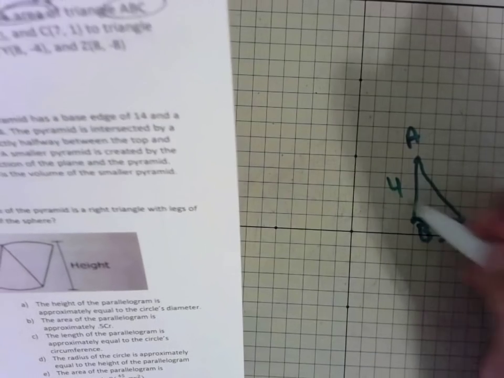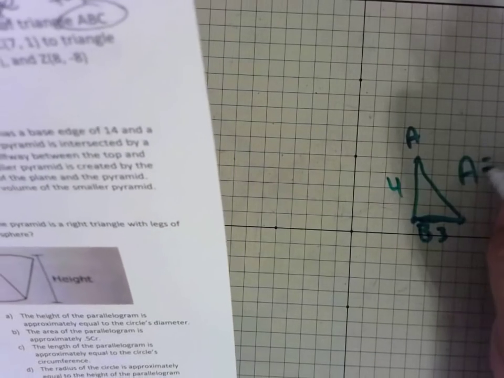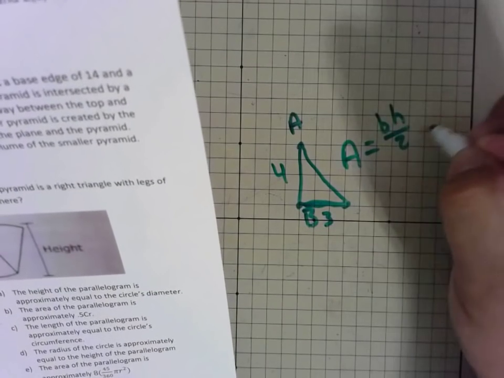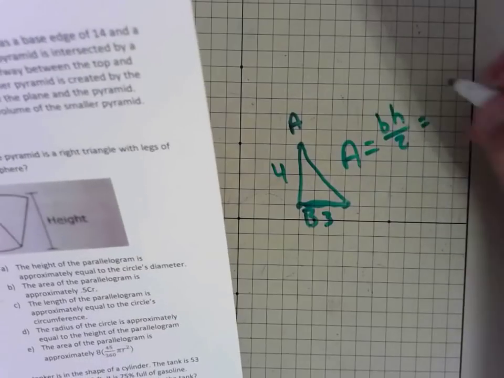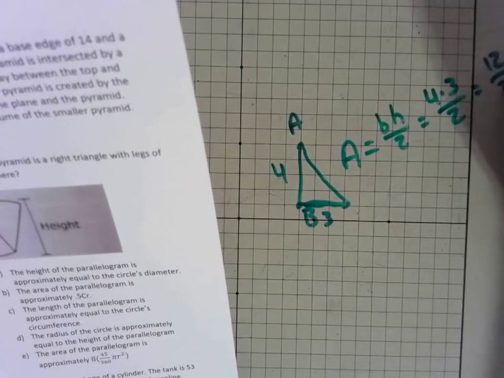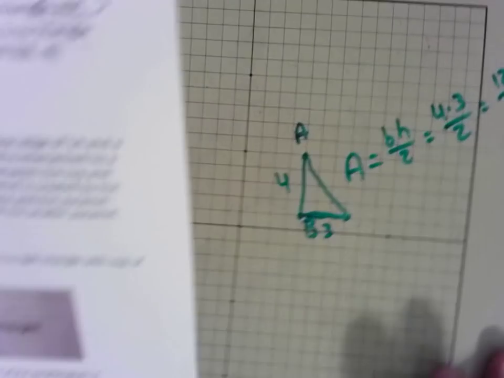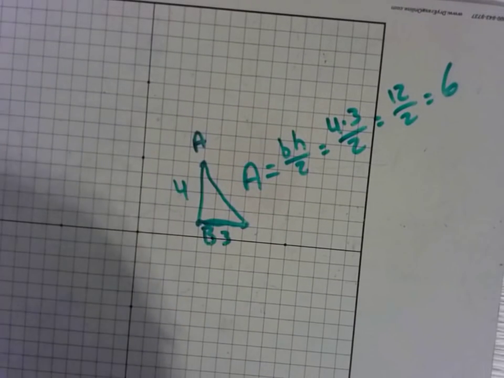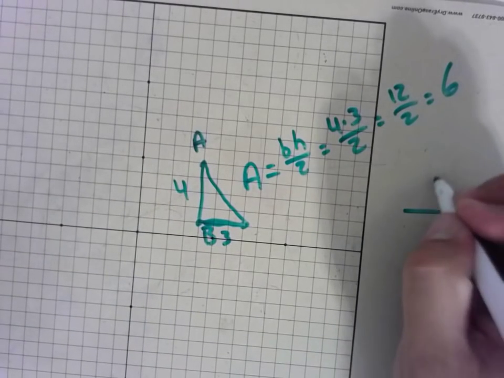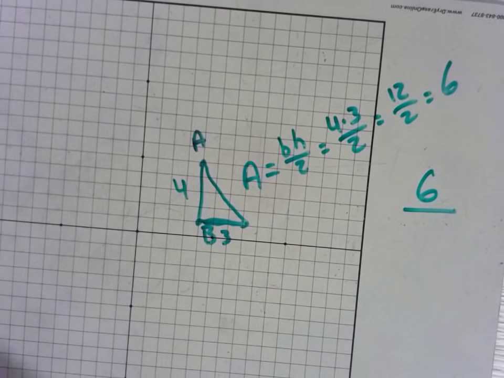This side's 4. 3 times 4 is... Well, let me start from the beginning. The area of a triangle is base times perpendicular height divided by 2. So this would be 4 times 3 divided by 2, which is 12 divided by 2, 6. The area of that triangle is 6. That's my first triangle, so it's going to go in the numerator.